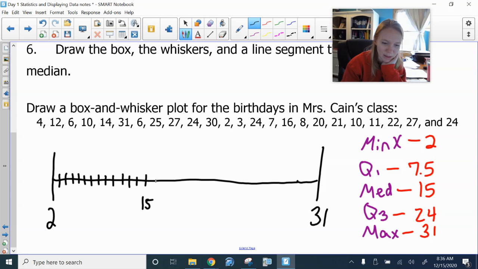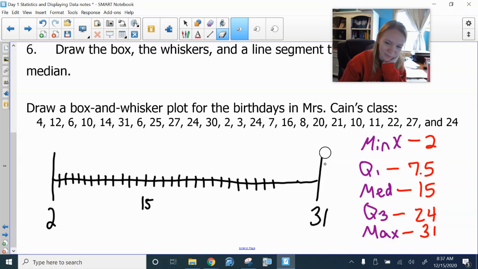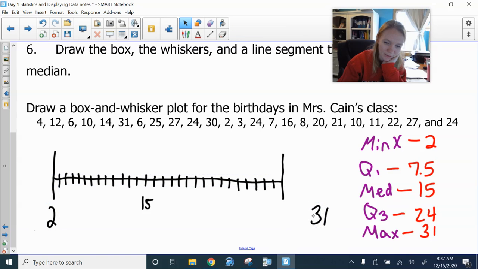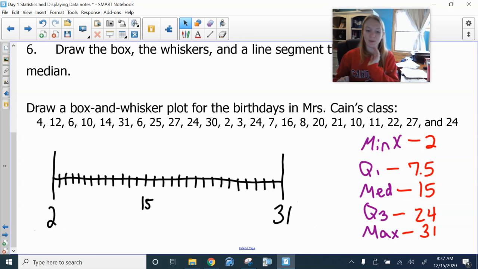I'm going to mark that because that's going to be important. 16, 17, 18, 19, 20, 21, 22, 23, 24, 25, 26, 27, 28, 29, 30. Okay, I got to shorten this up a little bit. It's not that bad. There's my 31. Oops. Maybe not. Try it again. 31. Okay.